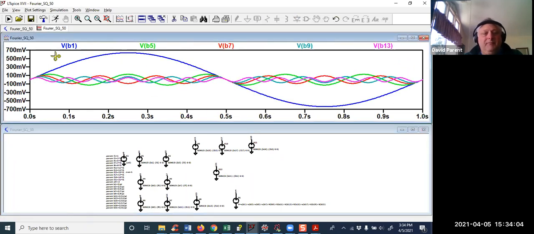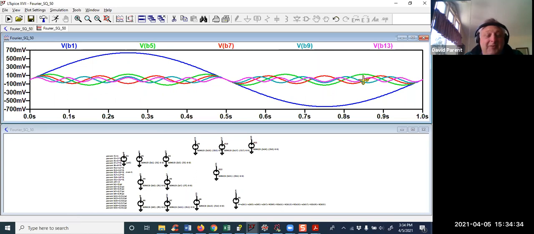So if I had a perfect band pass, I would get this blue line if I centered it at B1. If I centered a band pass at B5, I would get this green line. If I centered it at 7, I would get this red one, 9, aquamarine, and 13, this nice purple.